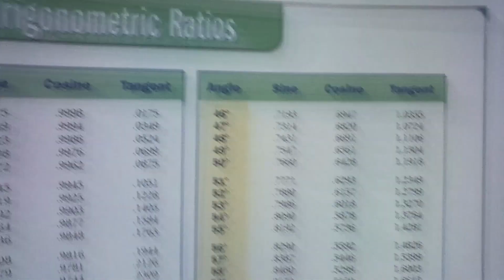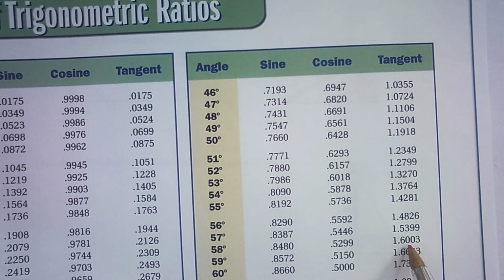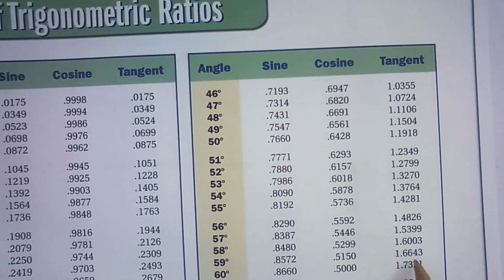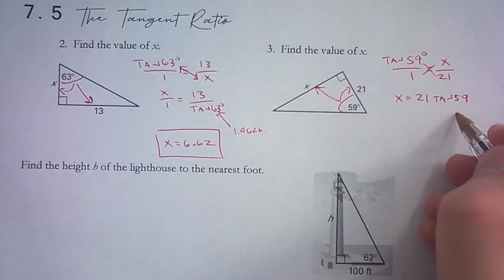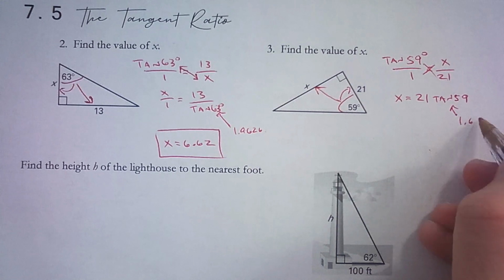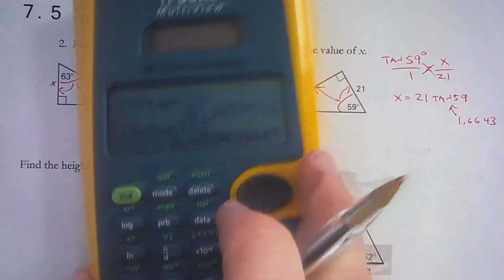And once again, I can go to the chart, 59, and then over to tangent, and I have 1.6643. So I could replace tangent 59 with 1.6643.